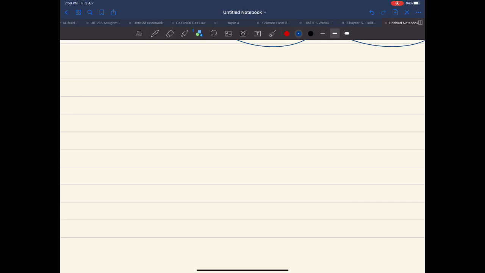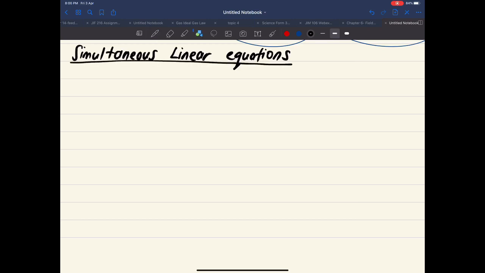So next we'll be discussing simultaneous linear equations. How does a simultaneous linear equation look like?